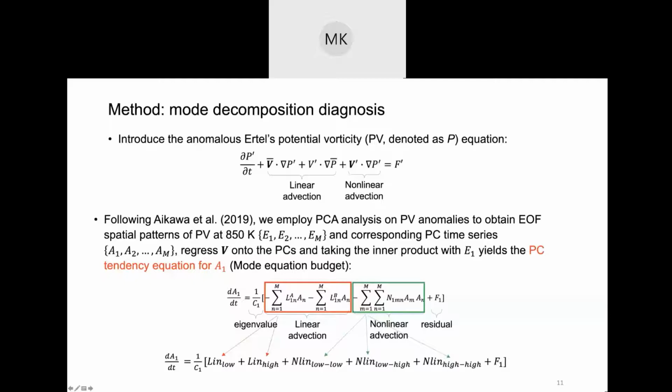Similarly, we also decompose the nonlinear PV terms into interaction only involving low frequency EOF modes, interaction involving low and high frequency EOF modes, and interaction only with high frequency EOF modes. In the following study, we will see how each of these terms contributes to the change of A1. And in this study, we will only focus on the tendency equation for A1.